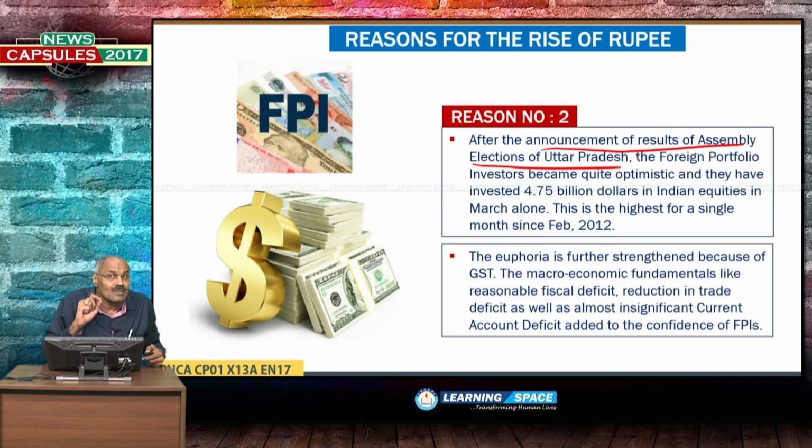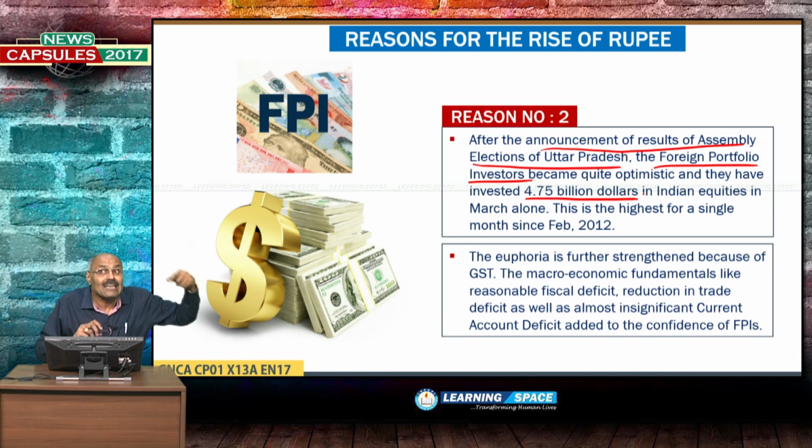After the announcement of results of the assembly elections of Uttar Pradesh, the foreign portfolio investors became quite optimistic and invested around $5 billion in Indian stock markets, in equities, in March alone.